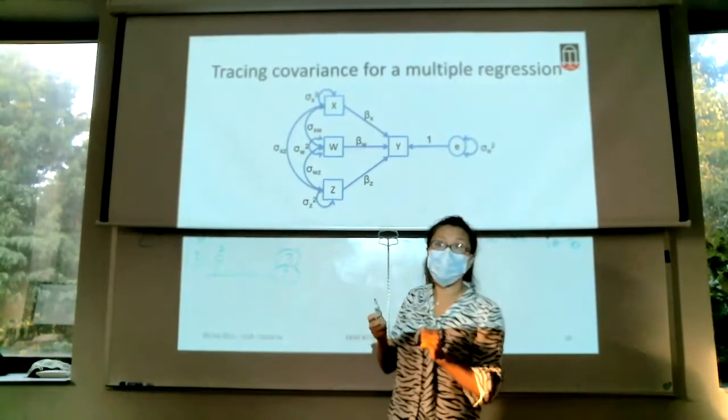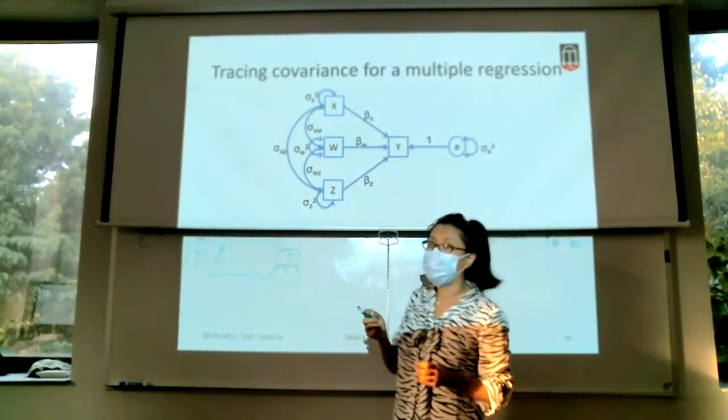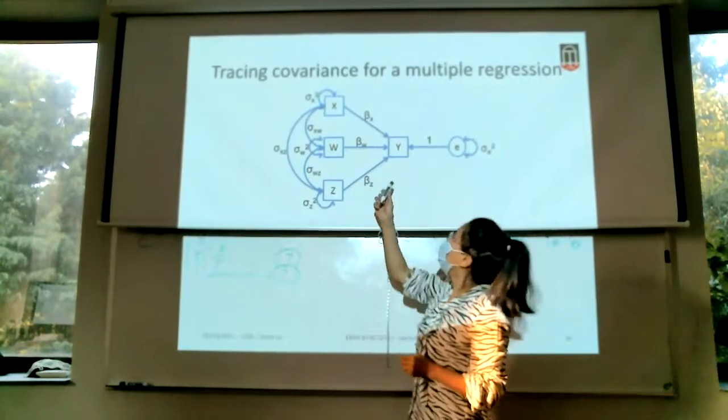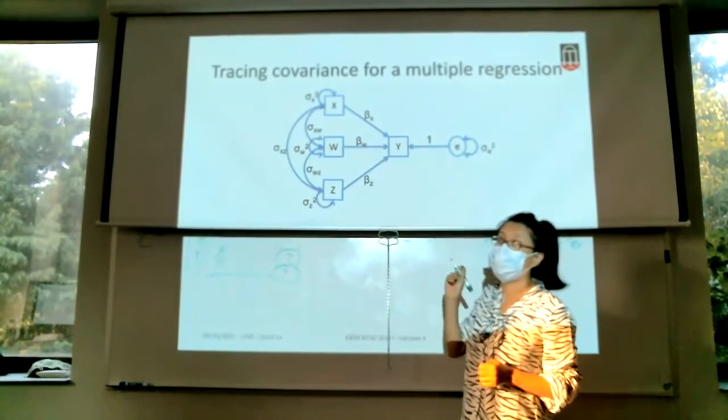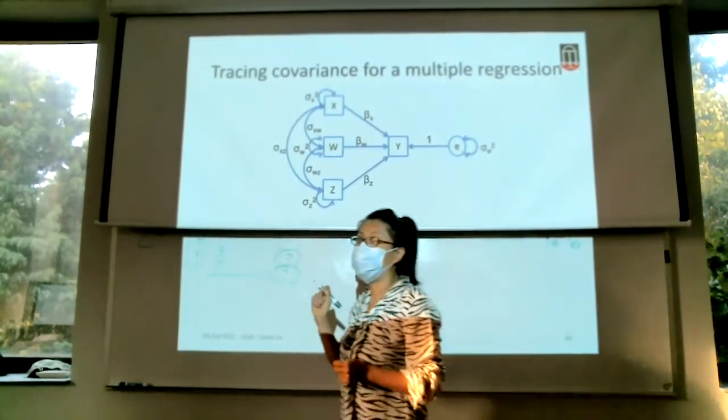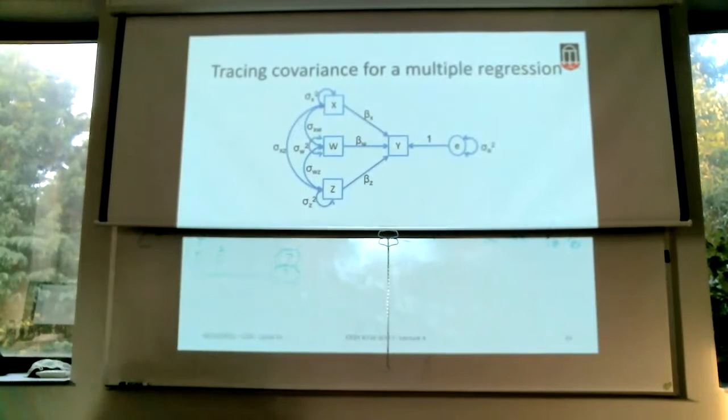That's not allowed. Are we able to go through Y twice? No, because this is the covariance between X and Y. I was thinking of going over to the error and back up to X, but you'd use Y twice.